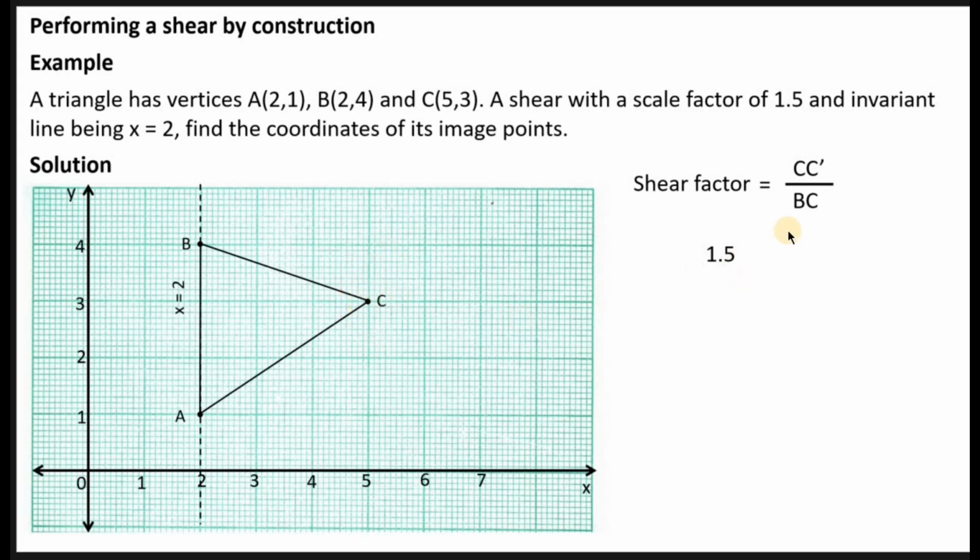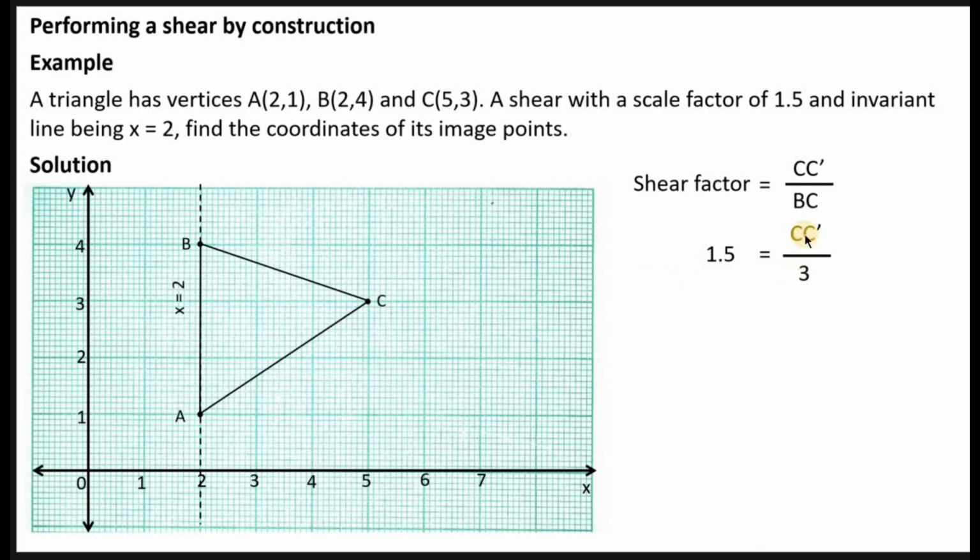We don't know where this is going to go to, so we'll replace it as it is, over the distance BC, measured from here to the invariant line. We will not measure along that, we'll get a wrong answer. So we'll just measure along the perpendicular line to the invariant line. From here we count 1, 2, 3. This is the distance, which is 3 here.